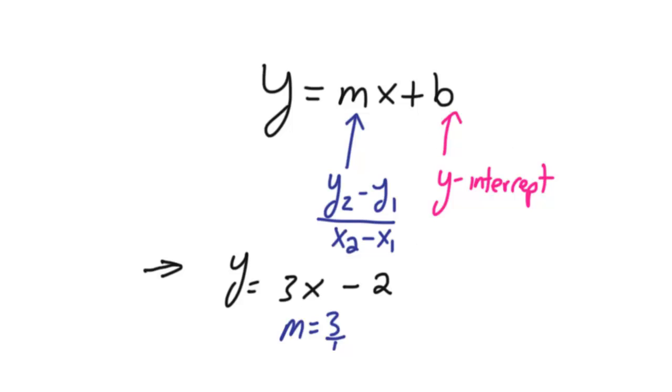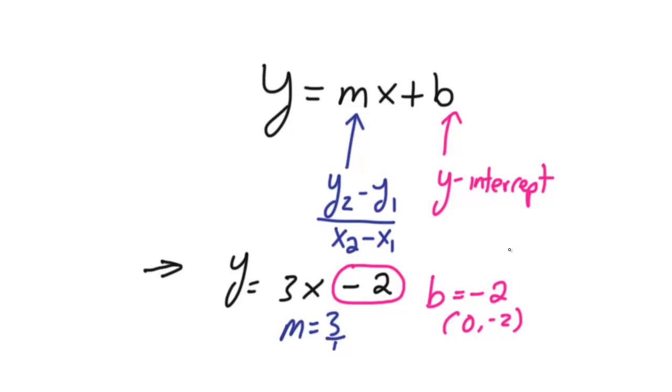And the y-intercept in this case is, let's take a look at the b, and that's just negative 2. Remember to take the sign in front of the number. So that's b. So the line will cross the y-axis at negative 2. So the point would be (0, negative 2). That's the point of intersection between the line and the y-axis.